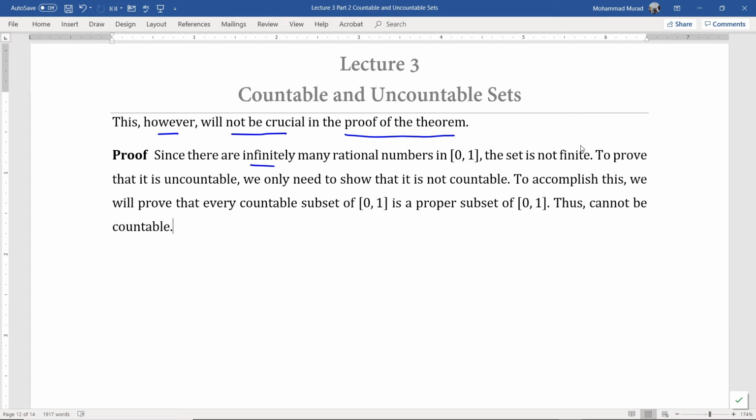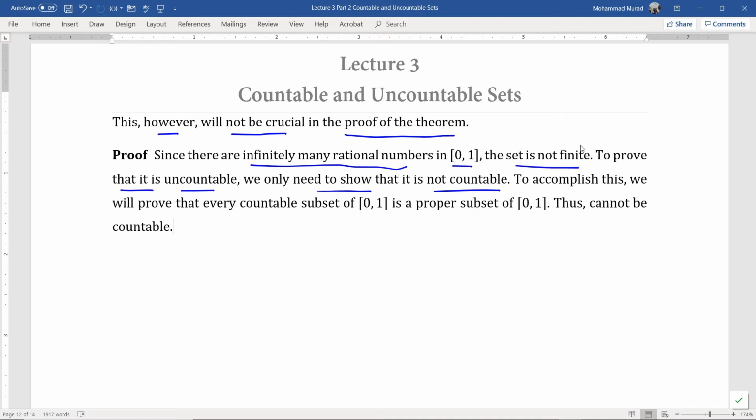Since there are infinitely many rational numbers in this set, the set is not finite. To prove that it is uncountable, we only need to show that it is not countable. Recall that a set is uncountable if it is neither finite nor countable.